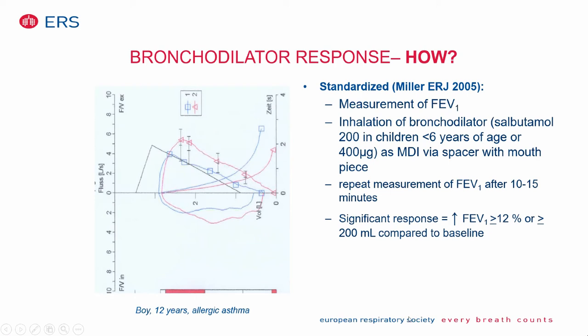And the recommendation, at least in children, is to do the inhalation via a spacer with a mouthpiece. And then you wait 10 to 15 minutes and repeat the same measurement. And a significant response is defined as an increase in FEV1 of greater than 12% or 200 mL absolute volume compared to the baseline measurement.